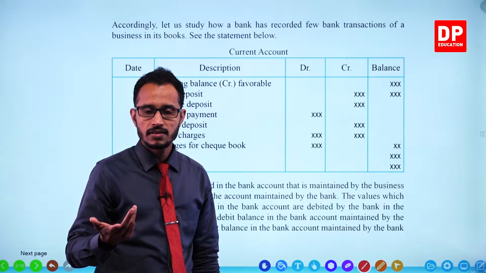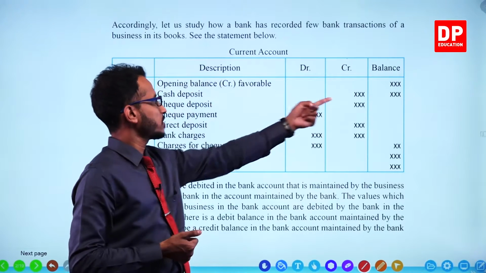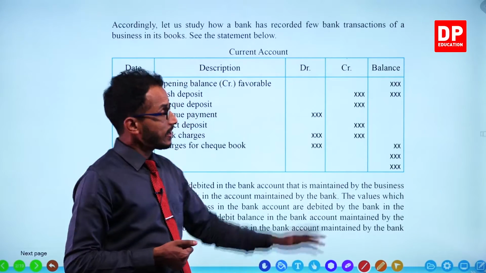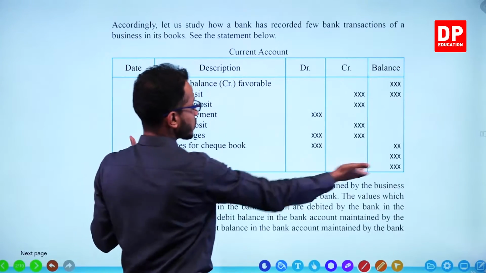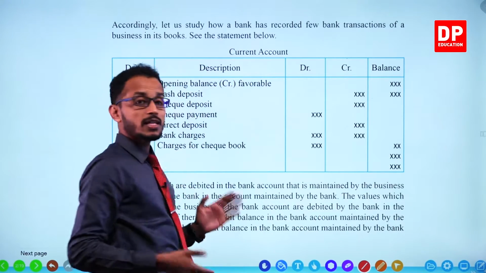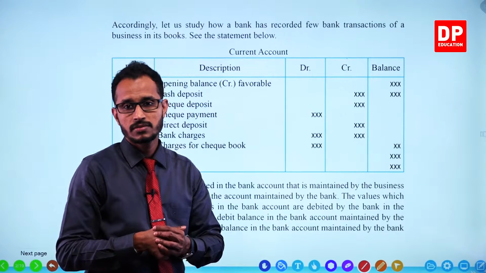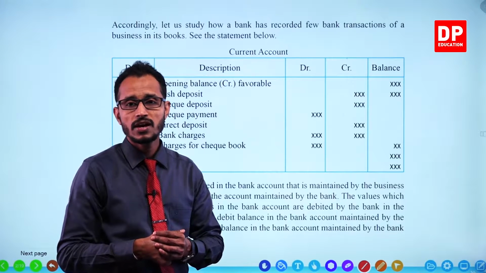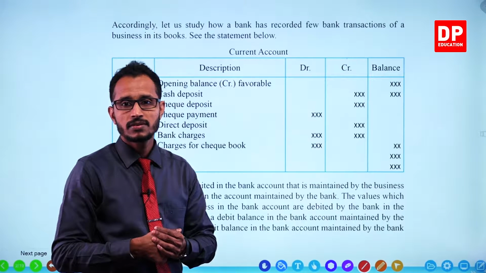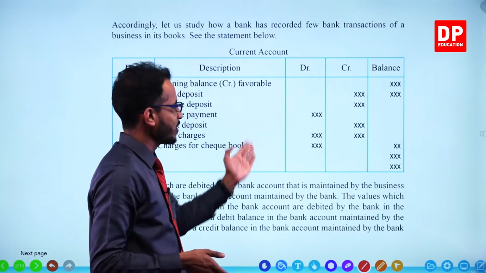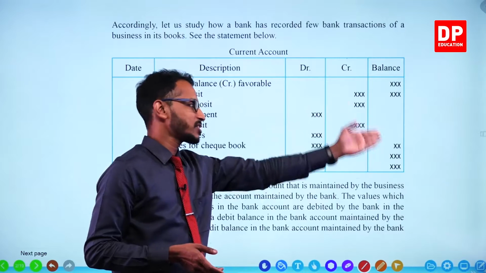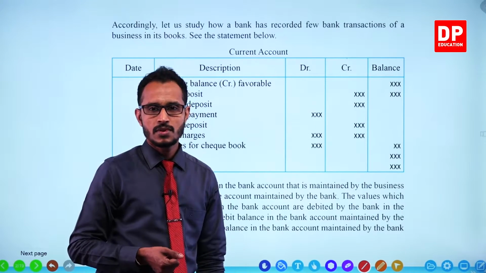The opening balance is the first item in the statement, and it ends with the closing balance of your account. In between, they will record all the transactions that you have done.